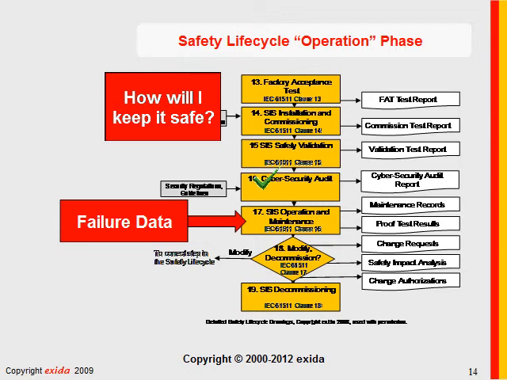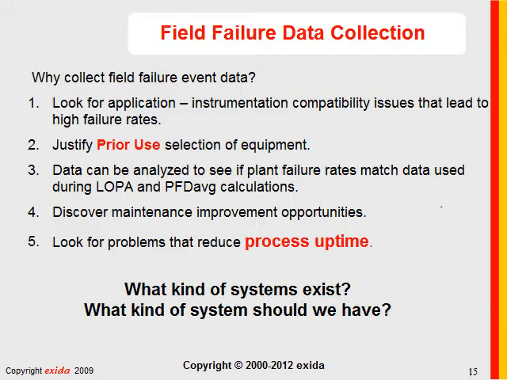Or we might have failure data which indicates we don't need to do the proof testing quite so often. This failure data can have a nice payback if you can justify reducing the proof test interval. So there are many reasons for collecting field failure data. I hope you now have a good understanding of the incentive behind this. Remember, we're trying to save money.